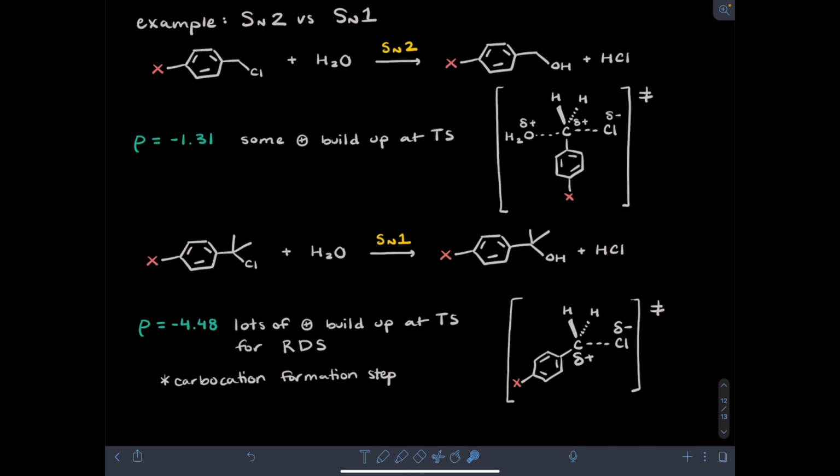So there is a lot of partial positive charge on carbon at this transition state. The substituent X, whether it's electron donating or electron withdrawing, has a large influence on reaction rates, giving us a large magnitude for ρ, because we have so much partial positive charge buildup so close to the aromatic ring.